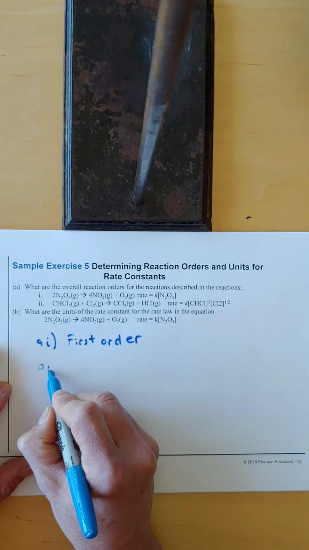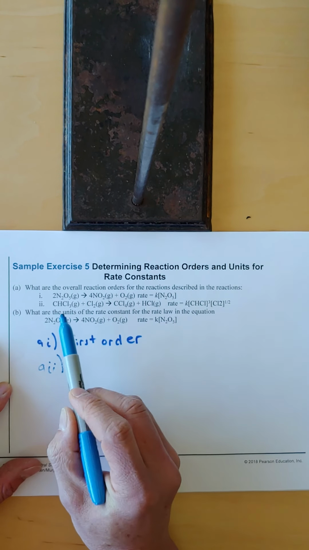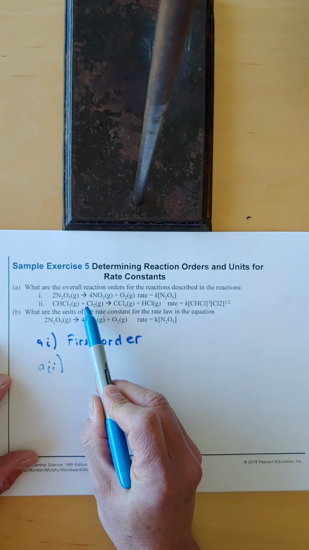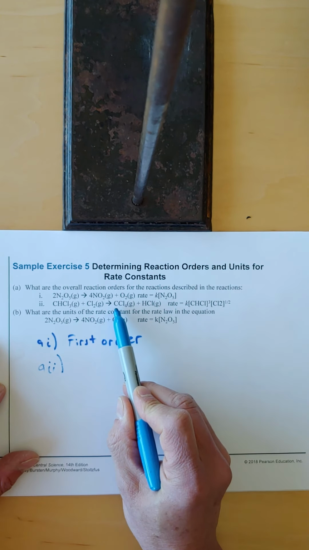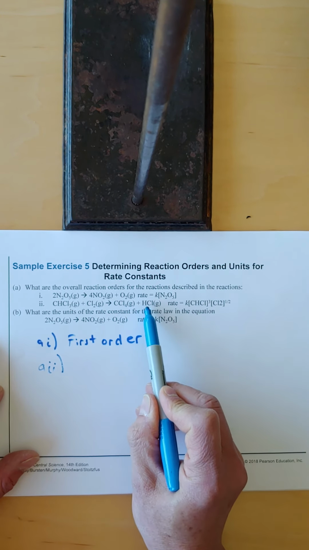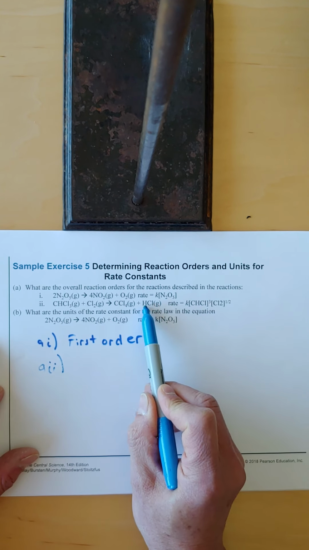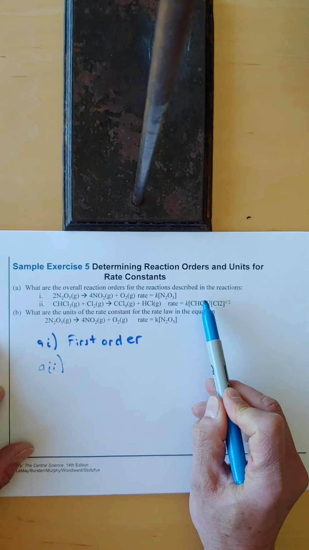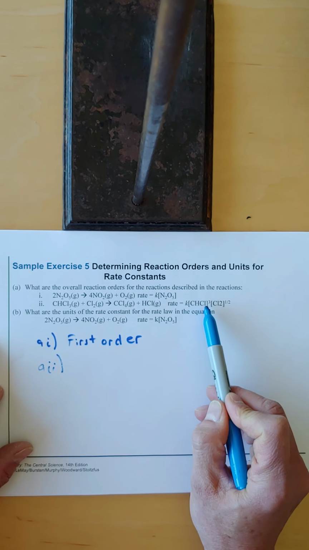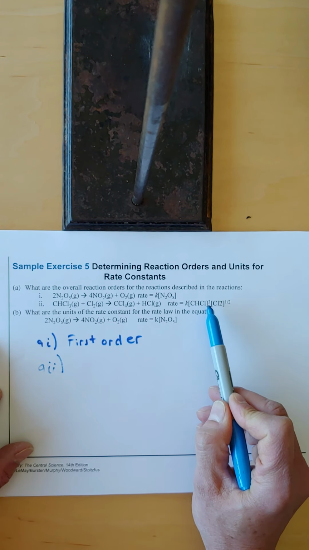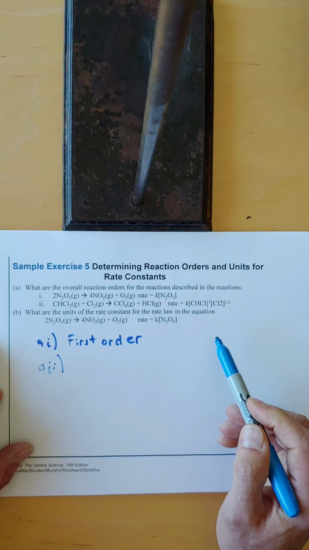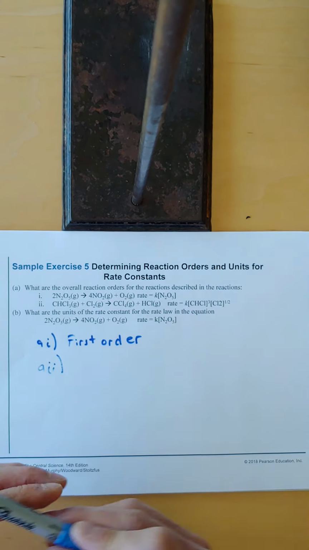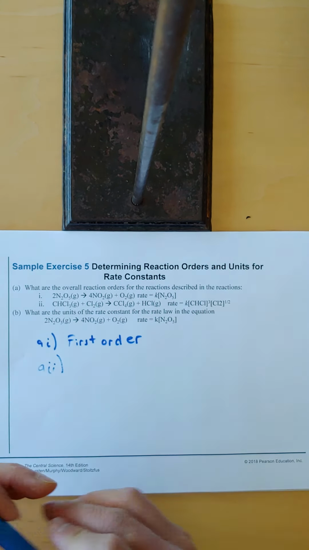If I look at the second one, A2, here I've got CHCl3 as a gas, adding chlorine as a gas, and I'm getting carbon tetrachloride as a gas and hydrochloric acid, or hydrogen chloride, as a gas. The rate of this reaction is equal to the concentration of CHCl3 raised to the... actually, no, that is a typo.